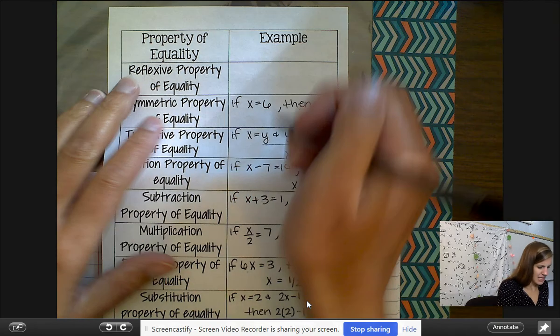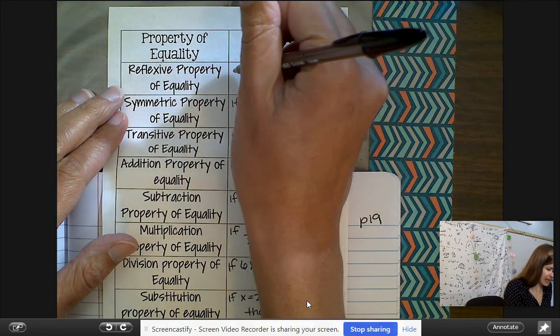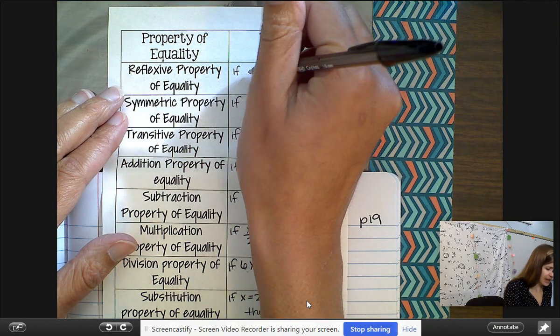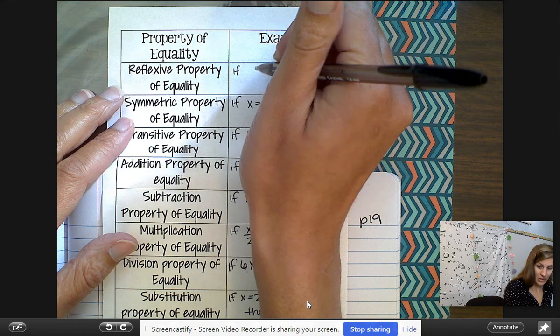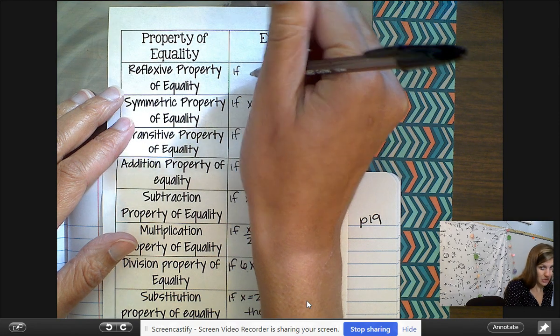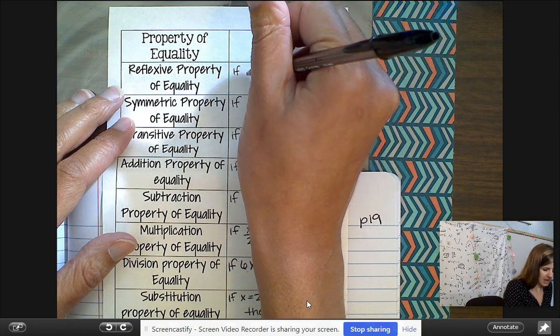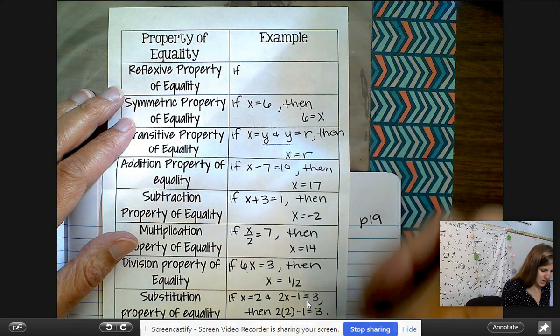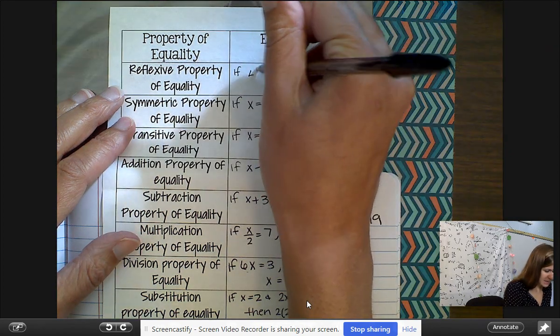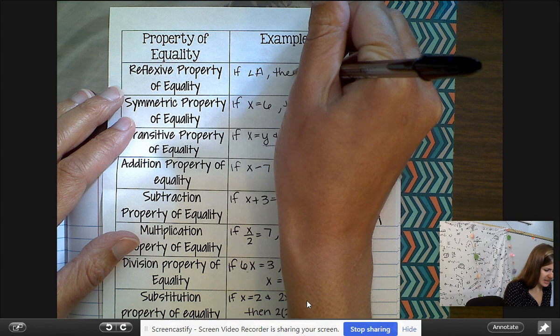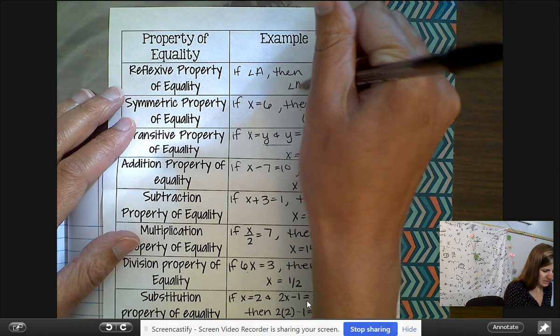And then the reflexive property is actually super weird. I'm going to do it with a geometric thing because it's not really used with numbers so much, but if I had an angle A, then it is equal to itself.